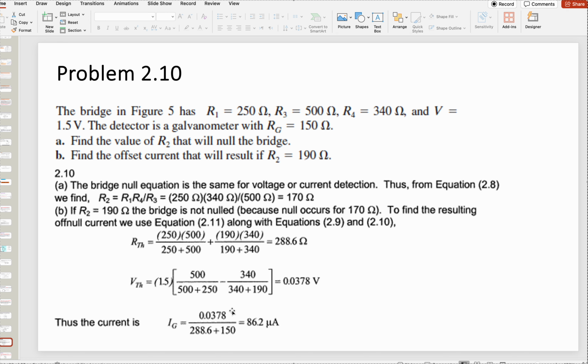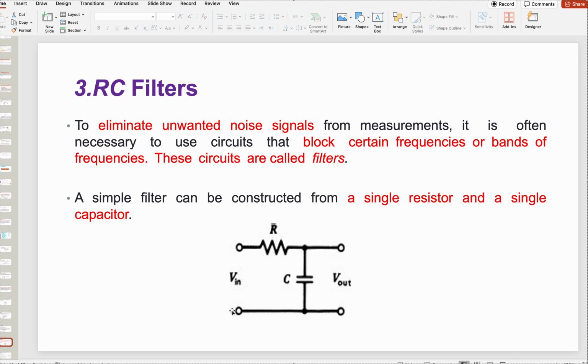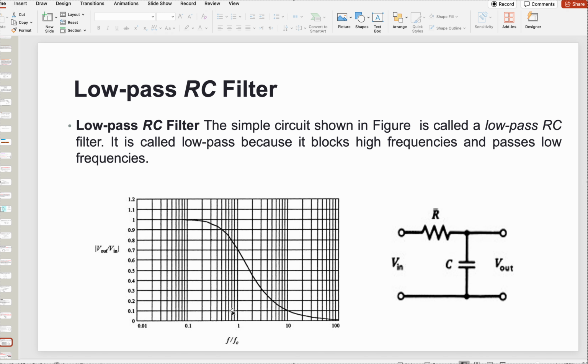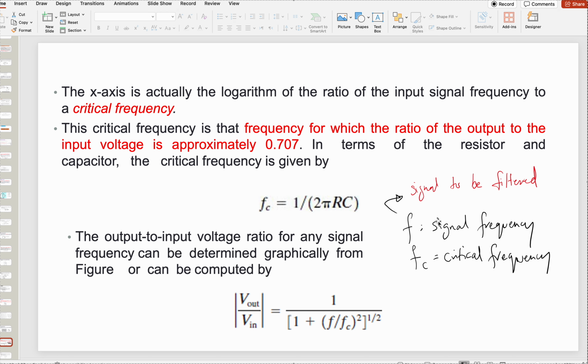And again, there was another problem that is also very similar to the Thevenin theorem, to the Wheatstone bridge. And then you have the RC filters: the low pass filter and the high pass filter. Make sure you know the design of those filters. So the low pass and high pass, and this is the equation of the cutoff frequency, and then you calculate how much attenuation you have, and that was just an example of that.